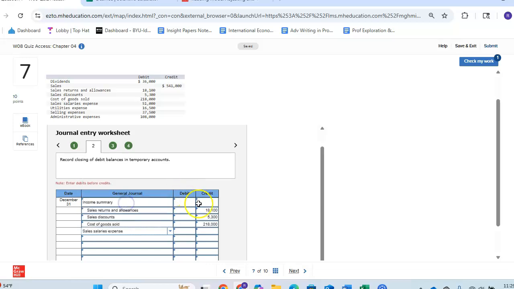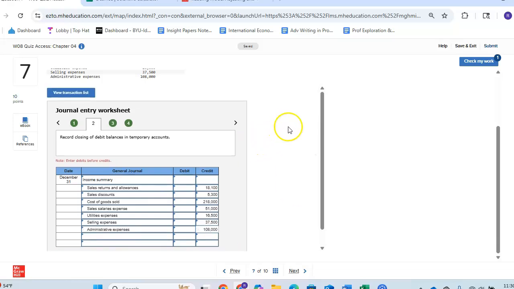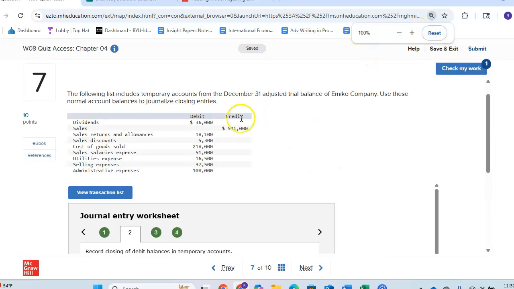Sales salaries expense, 51,000. Utilities expense, 16,500. Selling expense, 37,500. Administrative expense, 108,000.